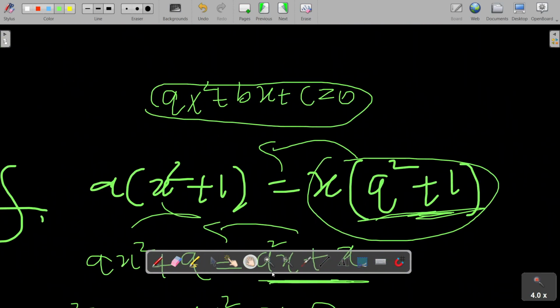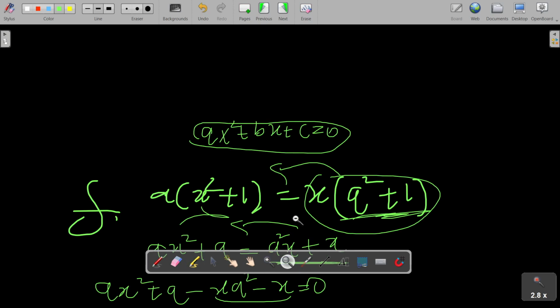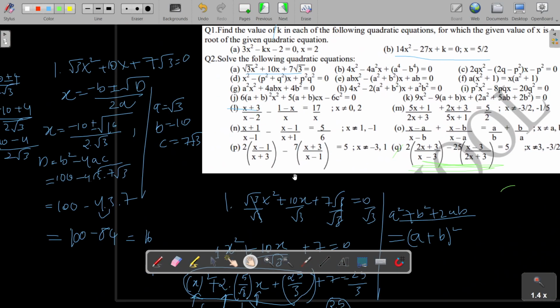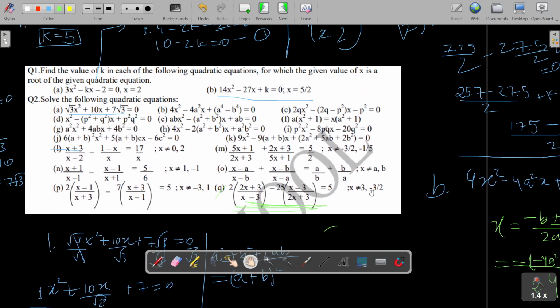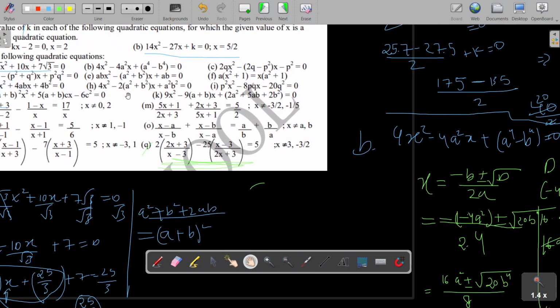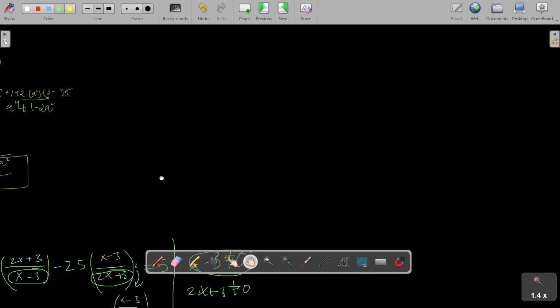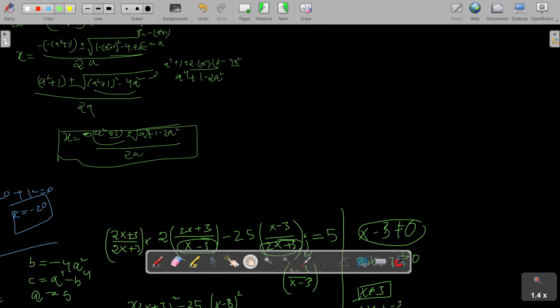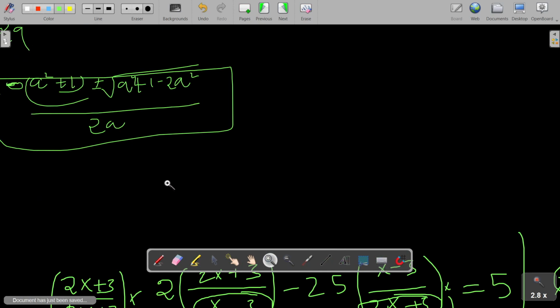This quadratic equation right here. So we have a very good amount of problems. Let's move on to another topic.